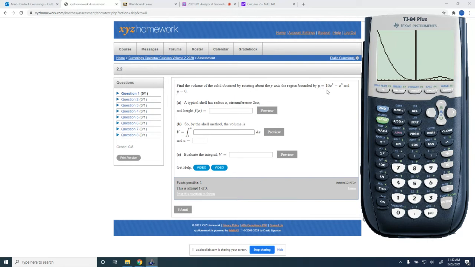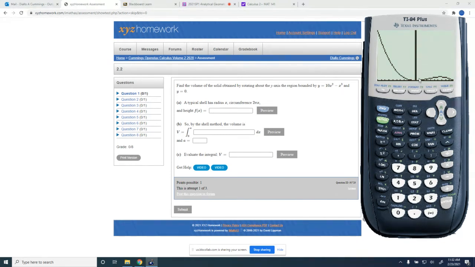So we want to take 10x squared minus x cubed and rotate this about y equals 0. Keep in mind that y equals 0 is here.